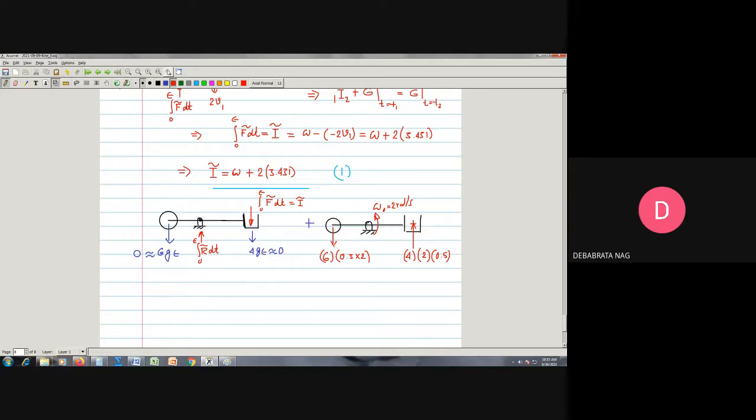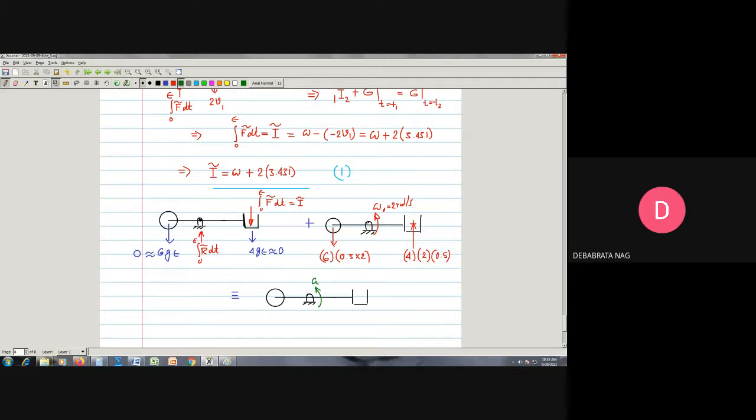And this must be equivalent to this sphere and this plug, and we assume that this is rotating with an angular velocity of omega radian per second.